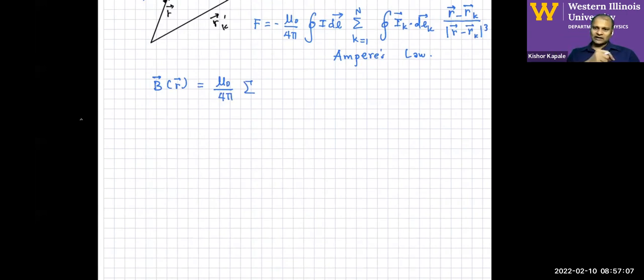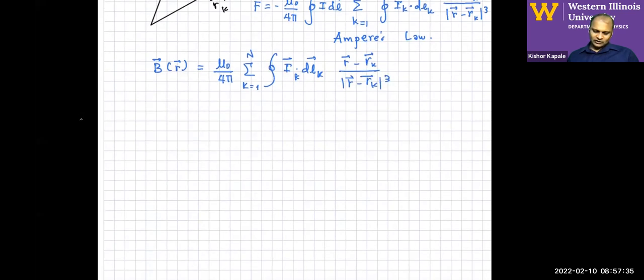Without the test loop, can I write the rest of the stuff as a quantity that then only matters locally? So you get i_k dl_k, that part stays as it is, and then the distance parameters over the magnitude of r minus r_k cubed.